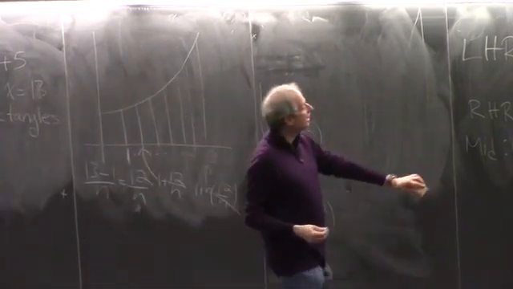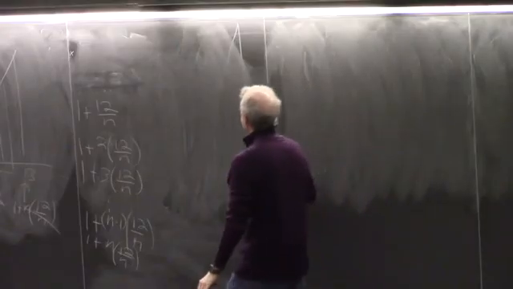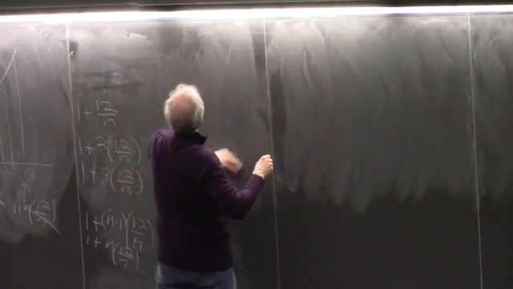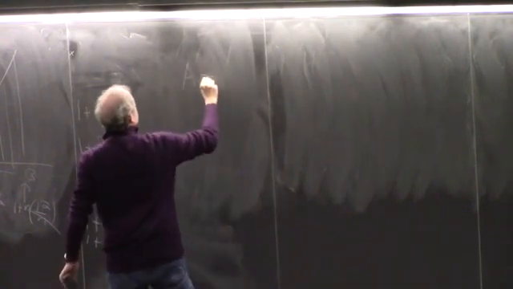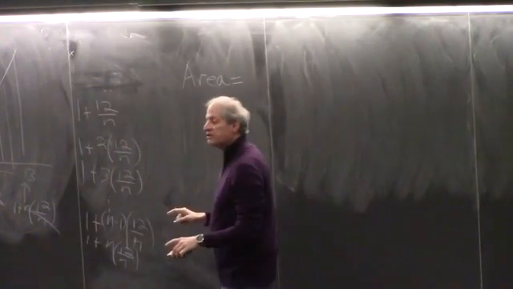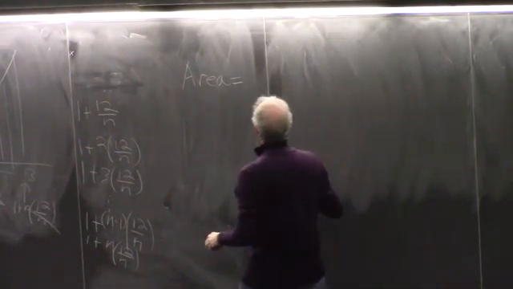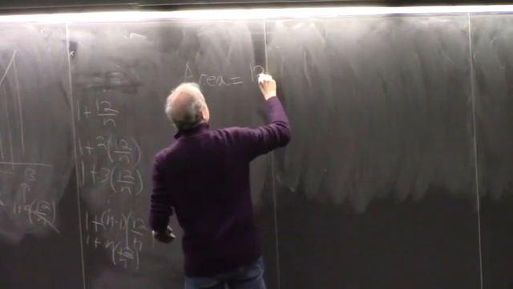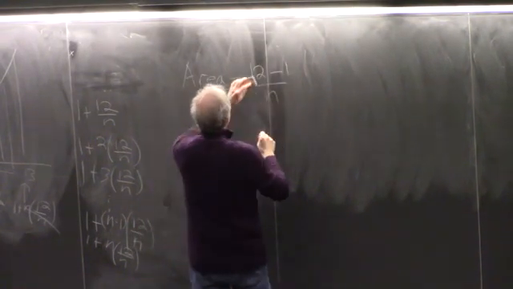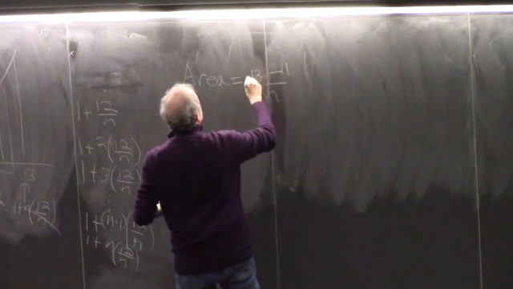Okay, so what does that look like? Well, I'm going to have area. Okay, so what did I do? I factored out the width. So the width is b minus a over n. Right? So in this case, 13 minus 1 over n.